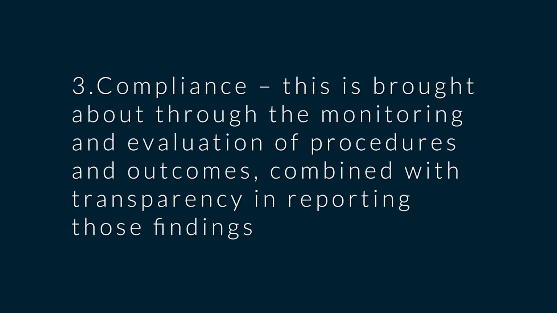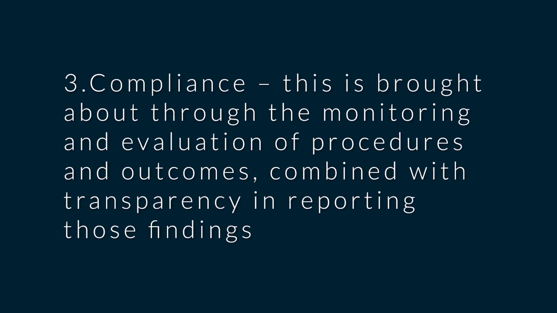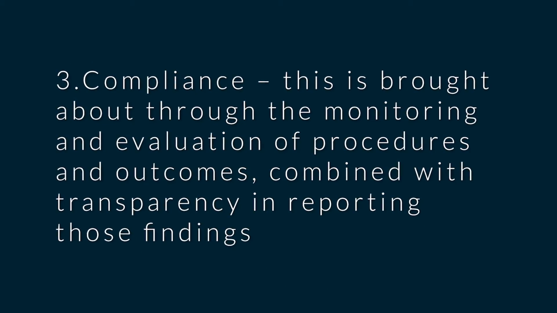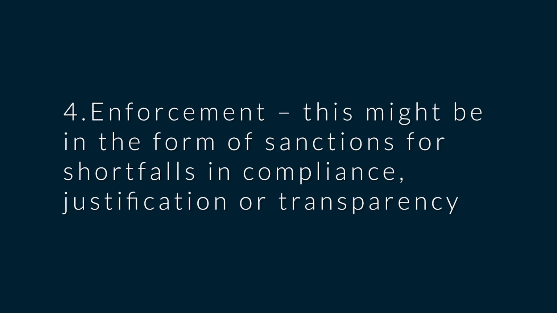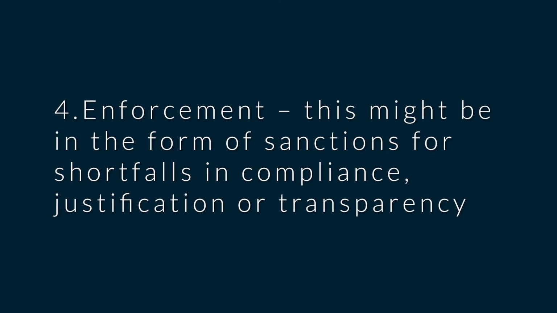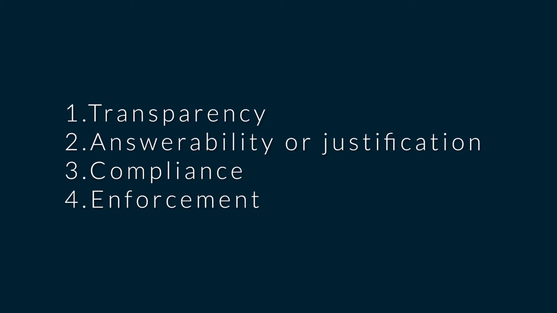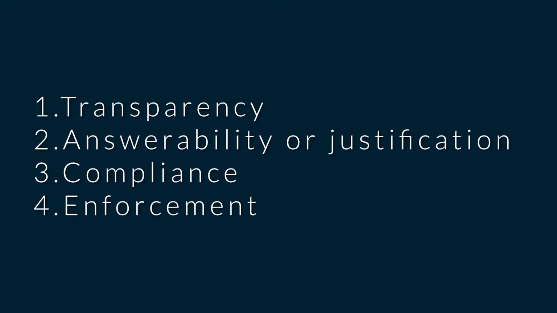Number 3, compliance. This is brought about by monitoring and evaluation of procedures and outcomes, combined with transparency in reporting for those findings. And then you have enforcement. This might be in the form of sanctions for shortfalls in compliance, justification, or transparency. So what do you have here? 4 things: transparency, answerability, compliance, enforcement.